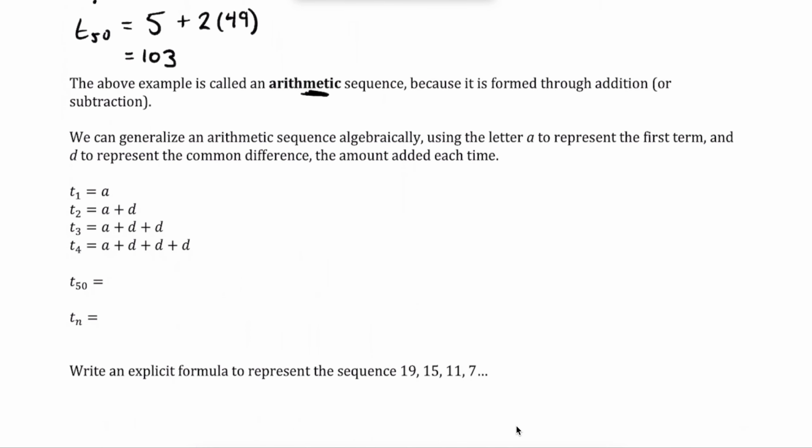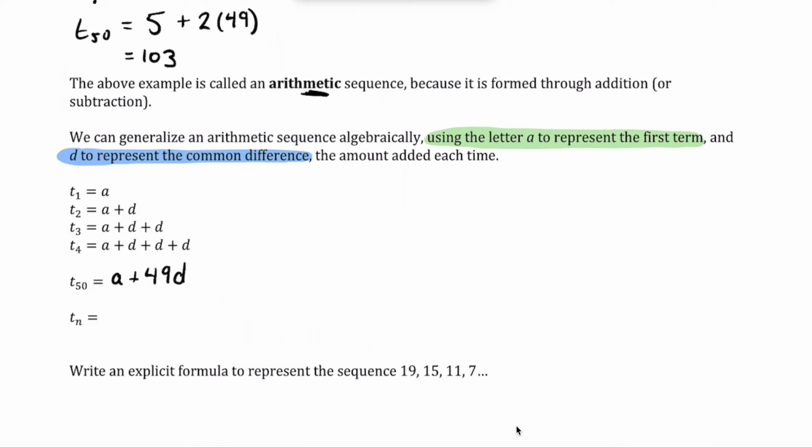So we're going to use the letter A to represent the first term, and we're going to use the letter D to represent the common difference, which is the amount that's being added every time. So if T1 is A, T2 is A plus D, T3 is A plus D plus D, and so on, T50 is going to be A plus 49D.